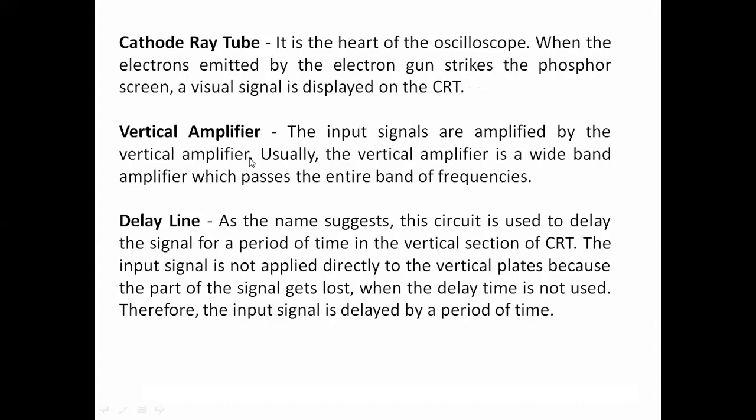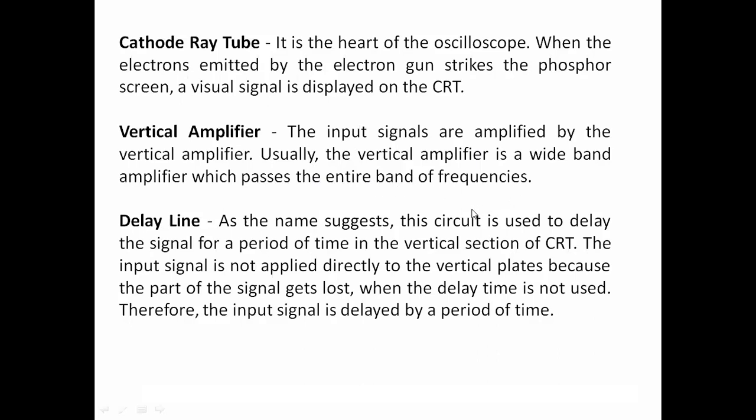The input signal which is to be measured, the voltage or current of the test signal, is applied first to the vertical amplifier. The vertical amplifier amplifies the applied input signal, and usually it is a wide band amplifier, which passes the entire band of frequencies.